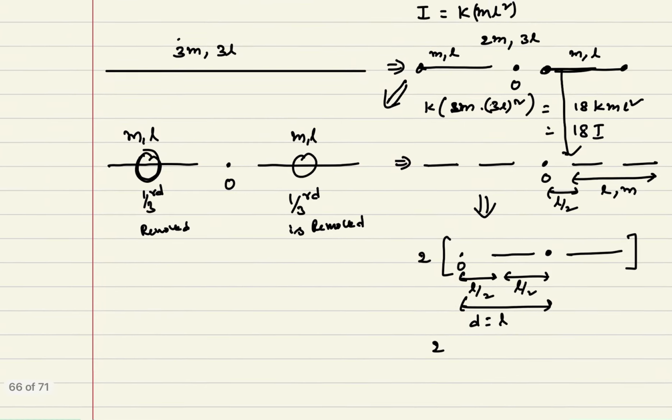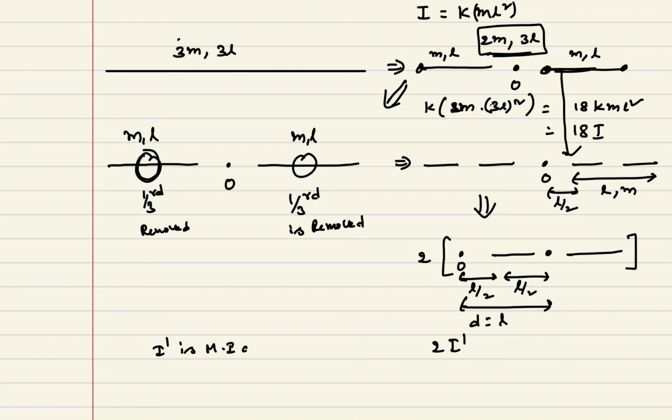Now you can see the moment of inertia of this I am taking as follows. Earlier, whatever 3m and 3l rod is there, the middle part is removed, it becomes a 2m comma 3l rod. The 2m comma 3l rod about O can be written as 2 times the one end O, where there is one fractal object I have taken. This I am taking as 2I dash. Now what is I dash?